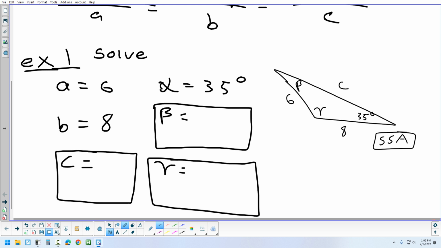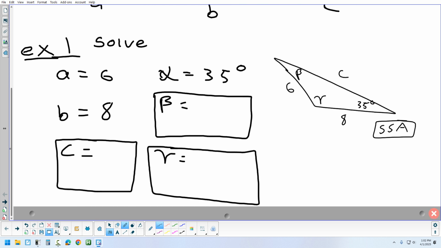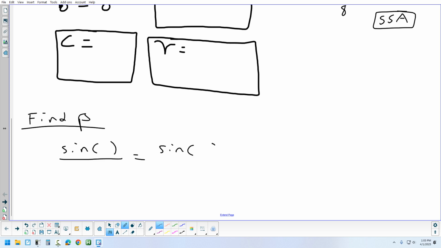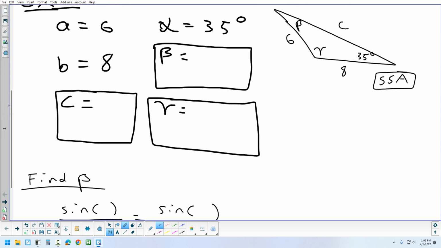All right. So let's find beta first. Okay, so let's set it up. Remember, you're always going to have two fractions, sine and sine. And what could I put on the left?